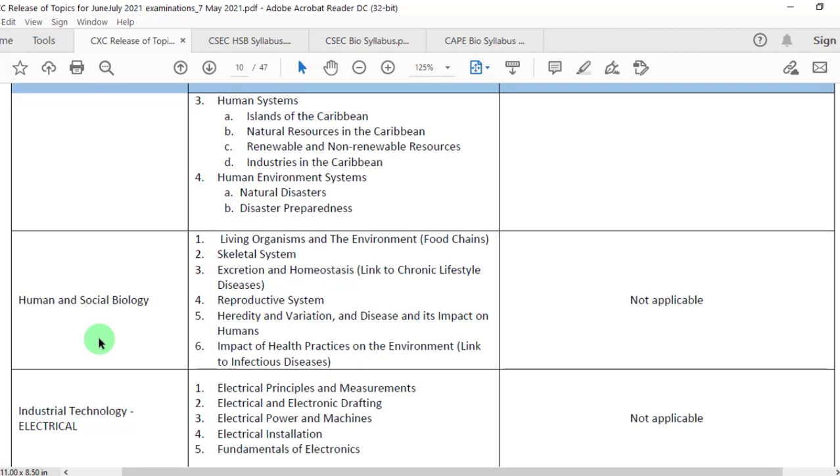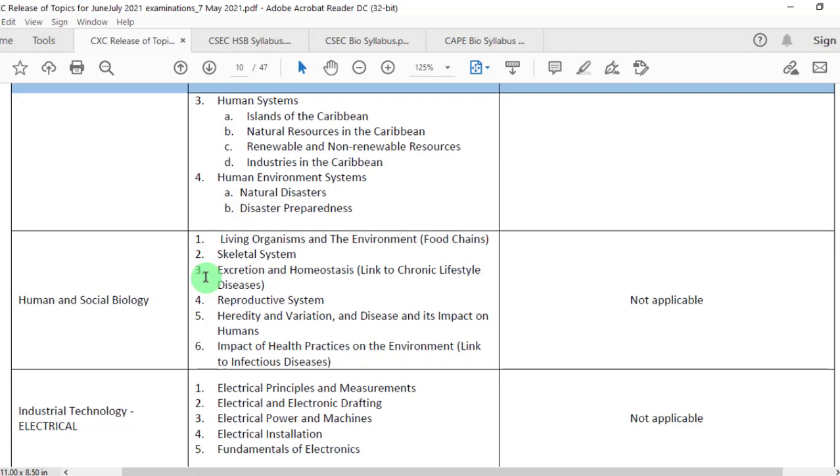So let's see, how many topics are we looking at here? We have 6 topics, right? Okay, we have living organisms and the environment, food chains. I'll explain what that means. Skeletal system, excretion linked to chronic lifestyle diseases.